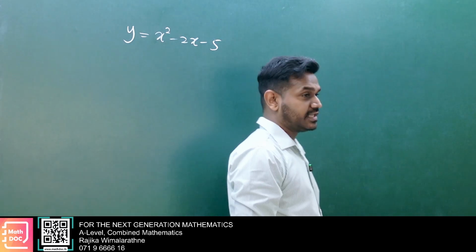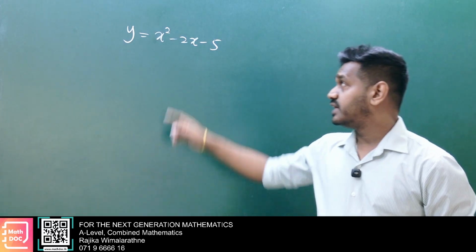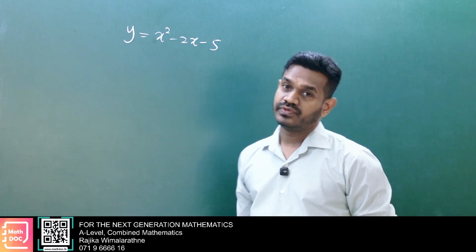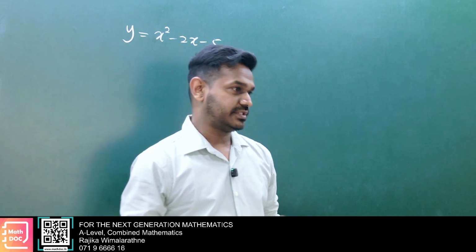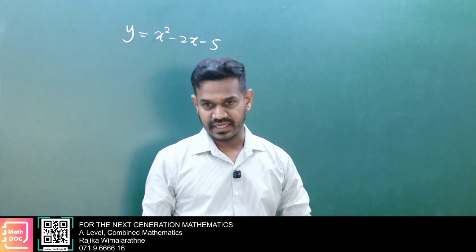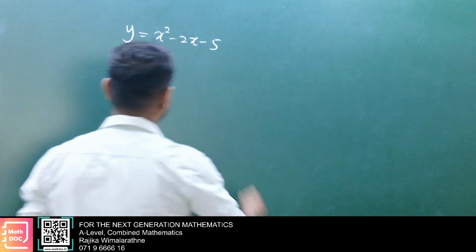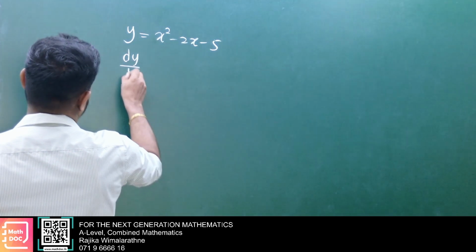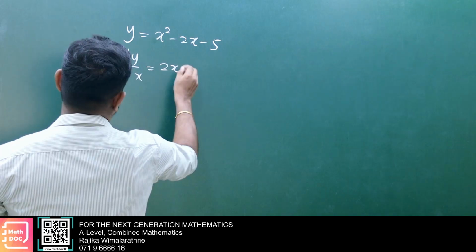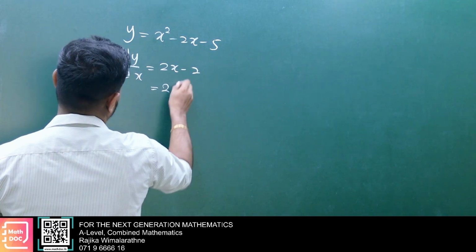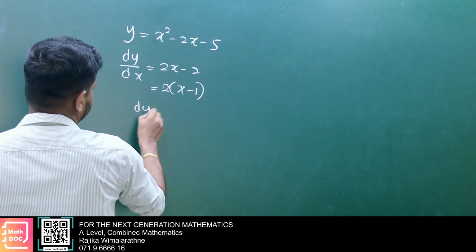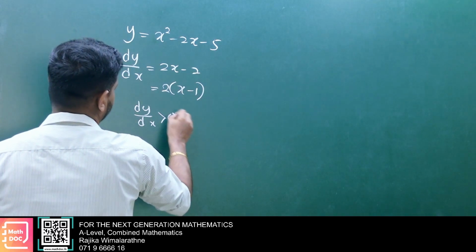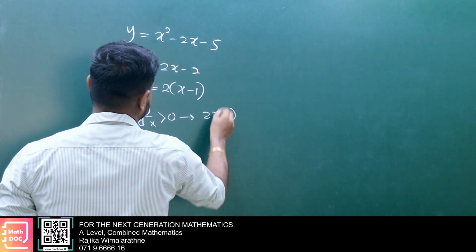Okay, I'll do an example. Here y equals x square minus 2x minus 5. When the function increases the derivative is positive, when the function decreases the derivative is negative. You differentiate first. dy by dx equals 2x minus 2, take 2 outside, 2 times x minus 1. Then dy by dx greater than 0 case: 2 times x minus 1 greater than 0.